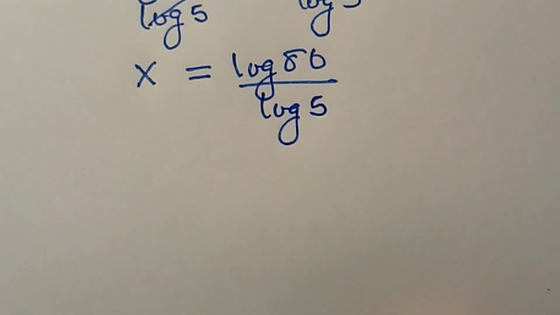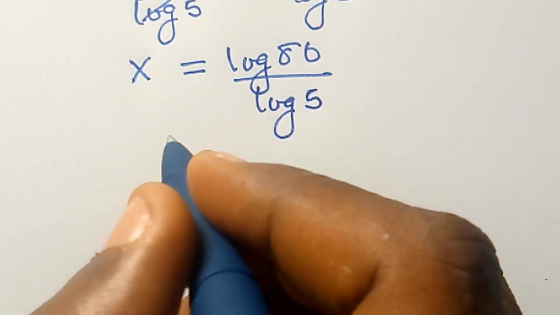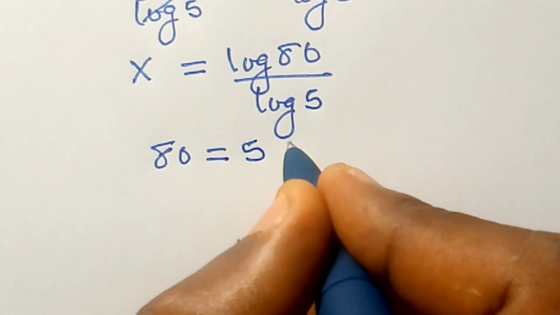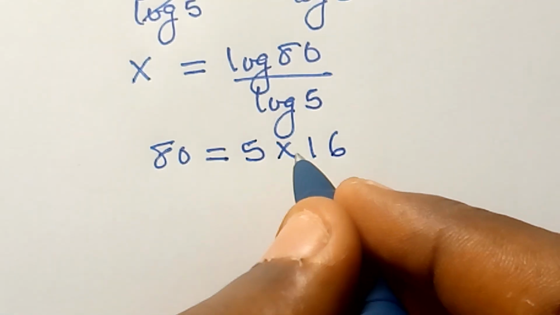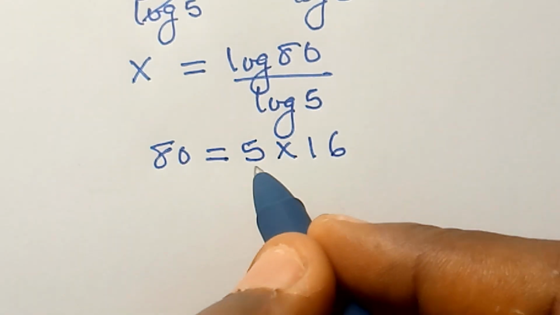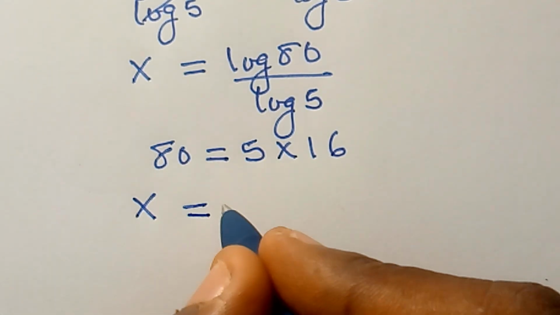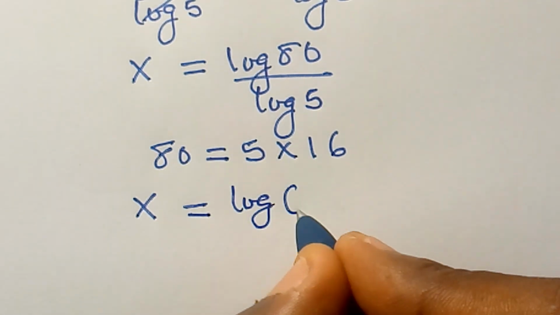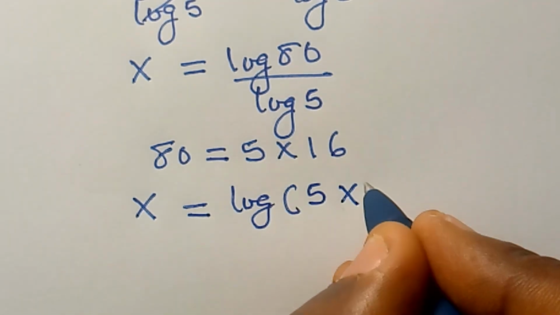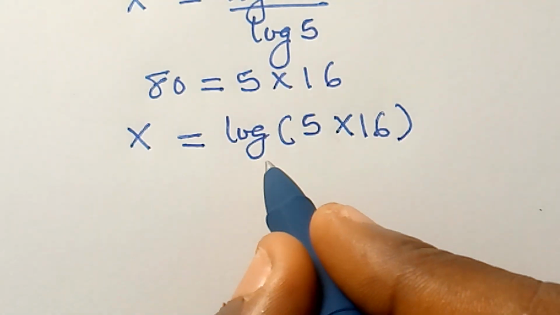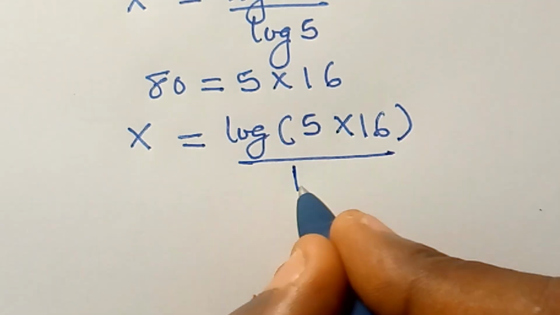So let's do something interesting here. We know the factor of 80, we can have 5 times 16, right? So let's replace 80 with 5 times 16. So we'll have x equals log 5 times 16 divided by log 5.